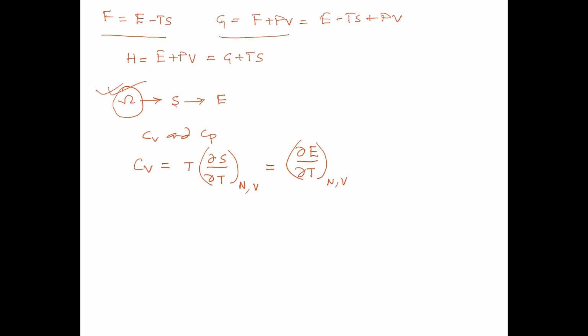Similarly, Cp is T ∂S/∂T at constant N and P, and so that is ∂/∂T of E plus PV, because volume is not constant here.